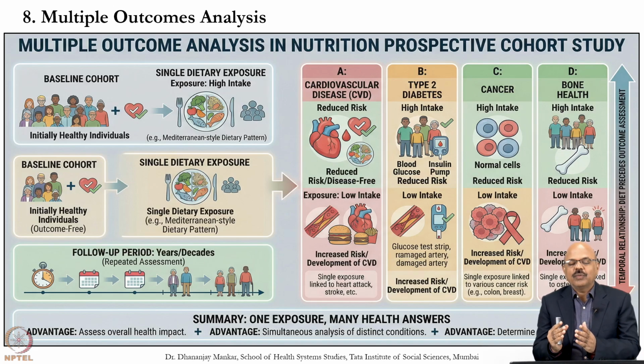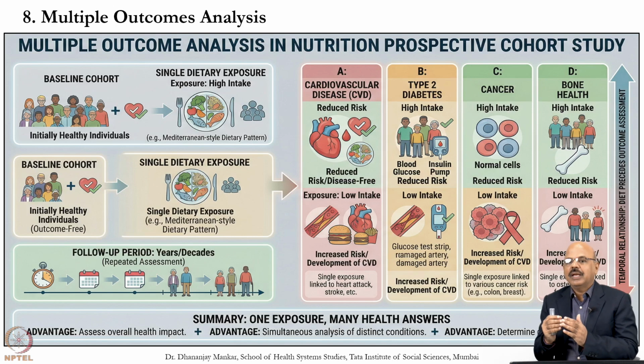Type 2 diabetes: high intake gives you more blood sugar increase and insulin risk, and low intake, like your glucose test strips, artery, damaged artery. So increased risk of development of CVD.